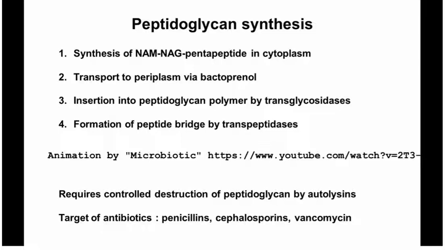And all bacteria have to express enzymes that can destroy their own cell wall. These are called the autolysins. And that perhaps contributes to the fact that these antibiotics are more effective on fast-growing bacteria. Bacteria in a stationary phase can often be a bit more resistant to antibiotics than fast-growing bacteria.